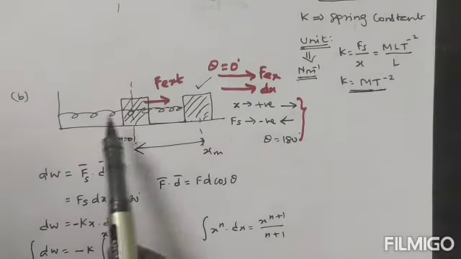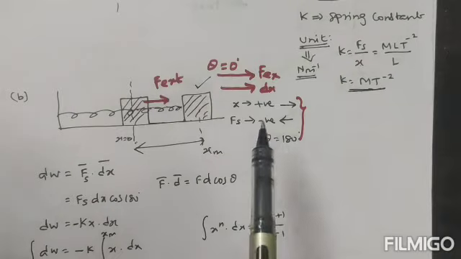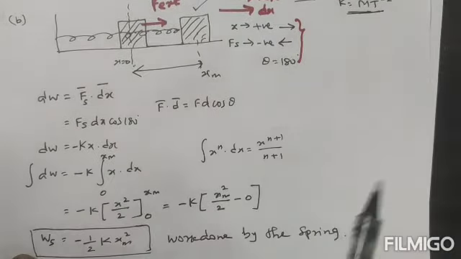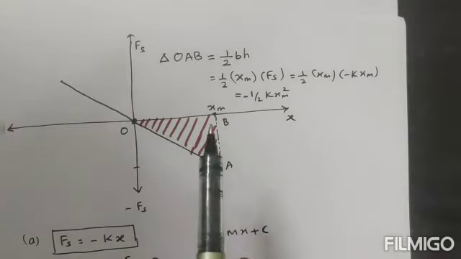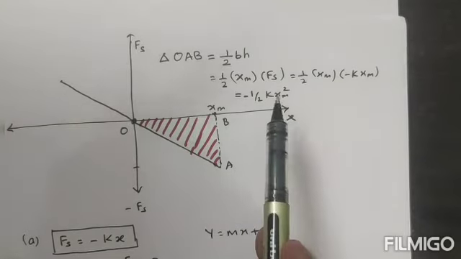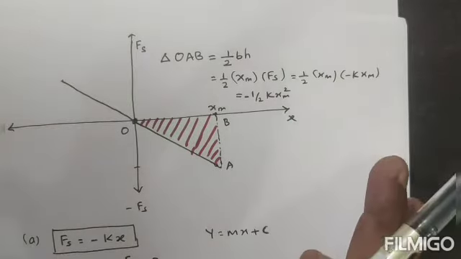Listen. So this is the stretched condition diagram. In the stretched condition diagram, the work done by the spring is minus half k Xm squared. Okay, so the same thing only we got now. The same equation we got now by using the graphical diagram.